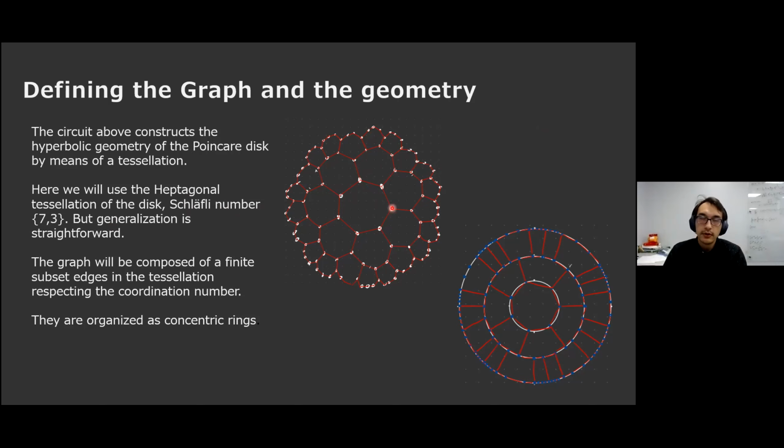Instead of this series of heptagons, we're going to organize the points in concentric rings in the Poincare disk, like so. The first heptagon makes the first ring. The ones after that make a second ring, and we make the links according to the tessellation.